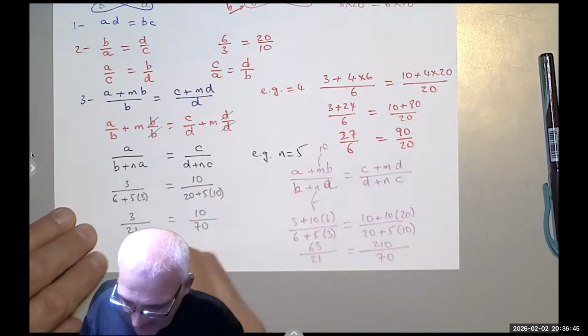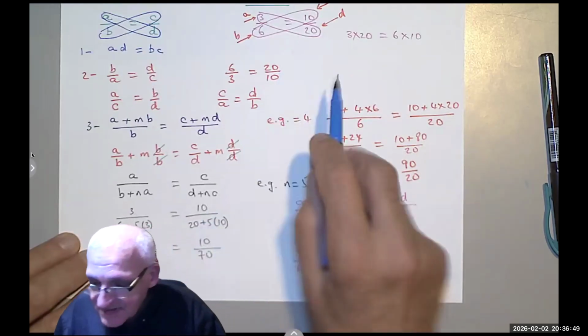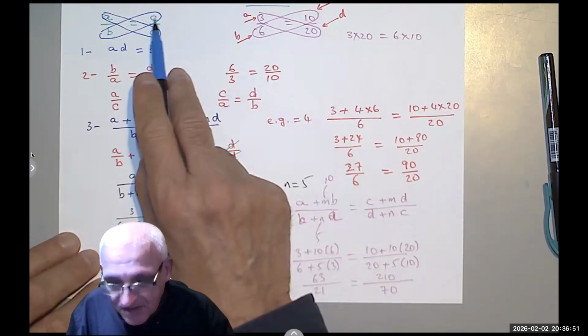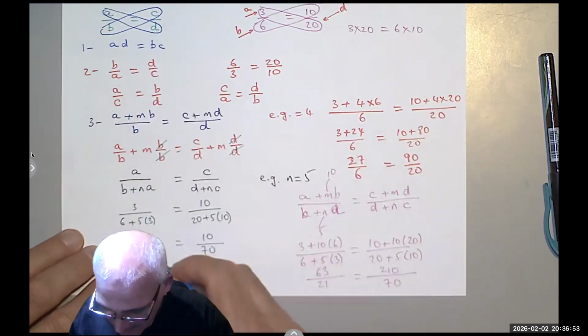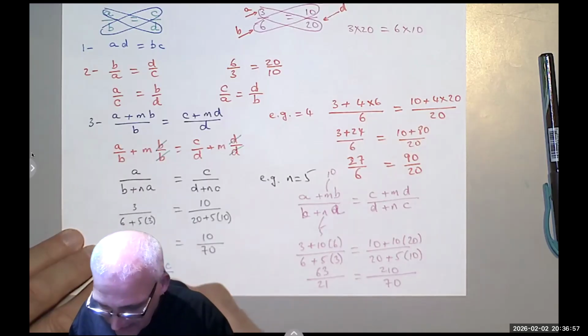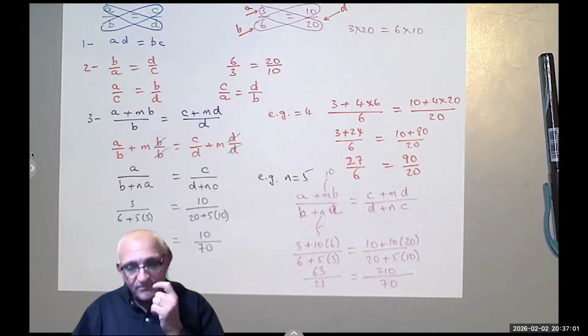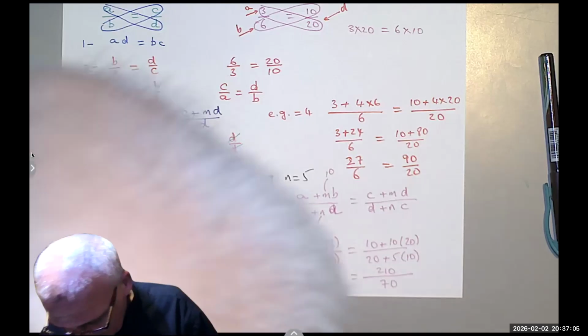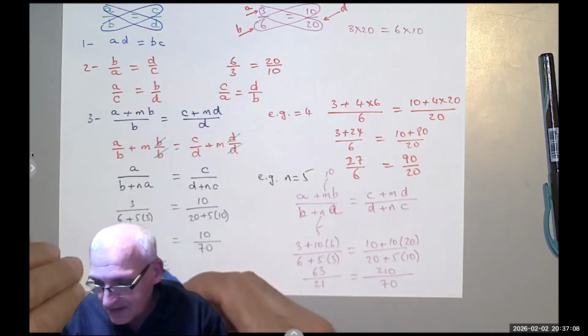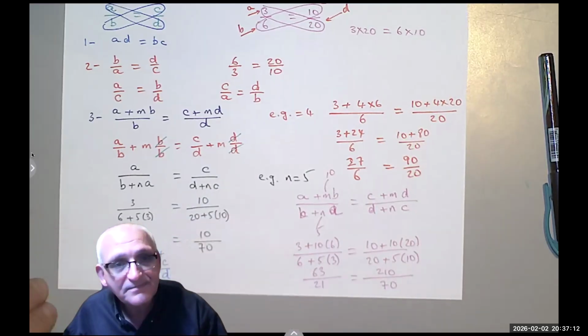I can say A plus M times C, which is on the other side, over B plus M times D. What would that give me? Let's use the M as one of the numbers we used before, 4, for example.